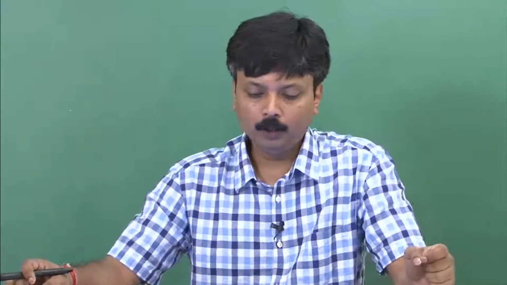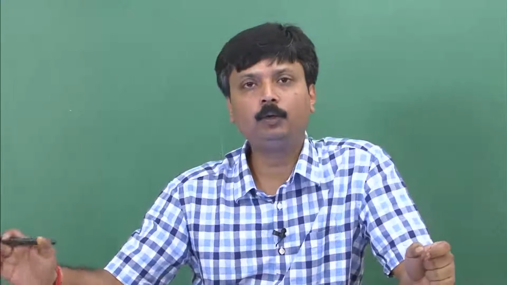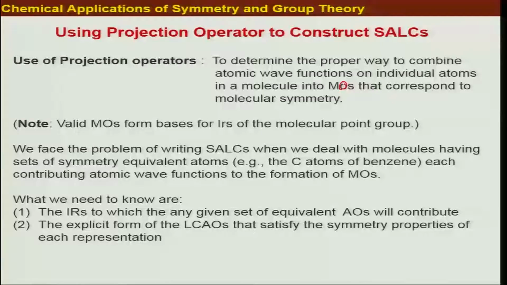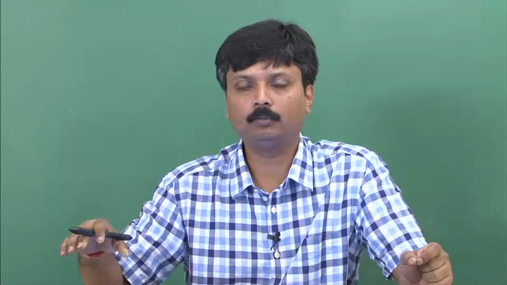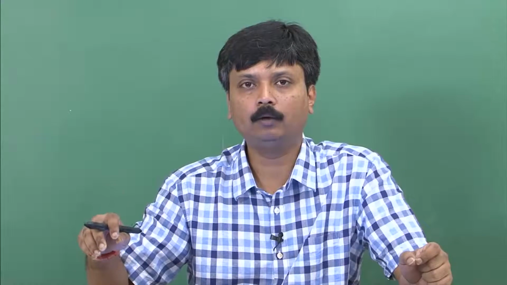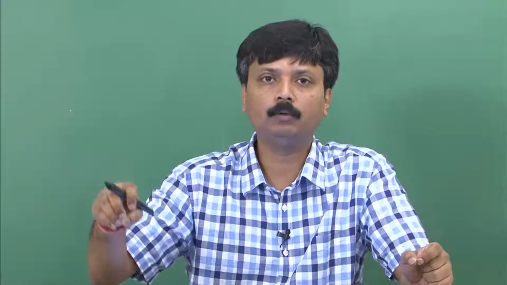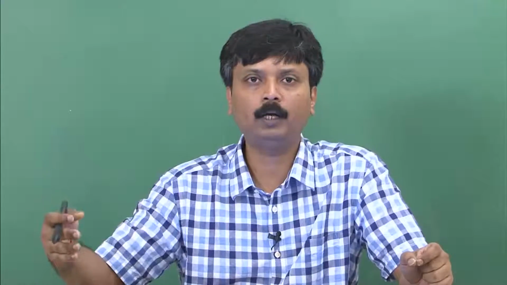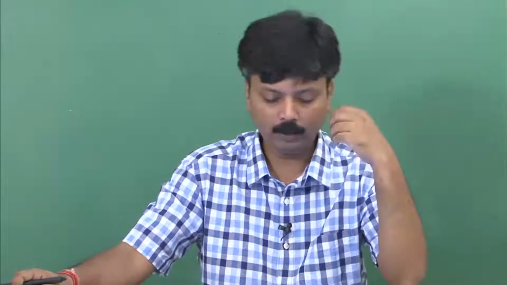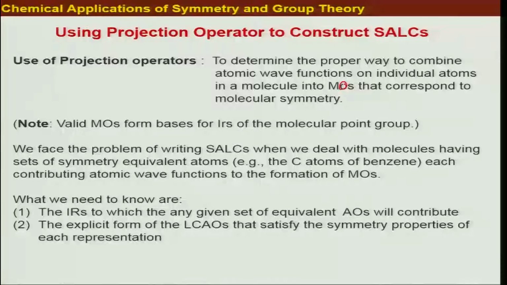So in order to form the SALCs, what do we need to know? So first thing is that we need to know the irreducible representation to which any given set of equivalent atomic orbitals will contribute. Correct? So for example, if you take benzene, and think about all the carbon atoms and the wave function associated with the carbon atom, or in other words the atomic orbitals of each carbon atom, how are they going to contribute to the formation of the particular irreducible representation that we are concerned about?